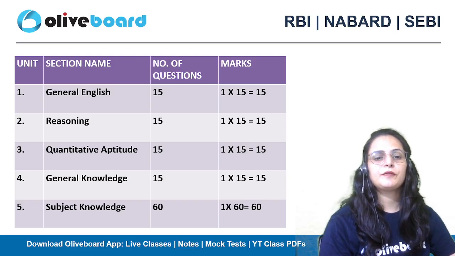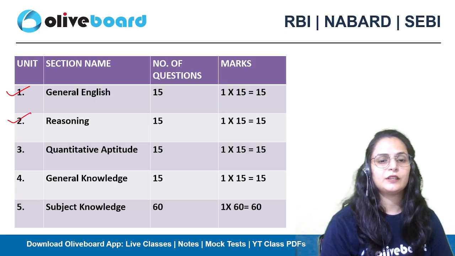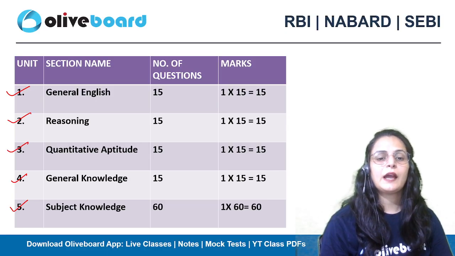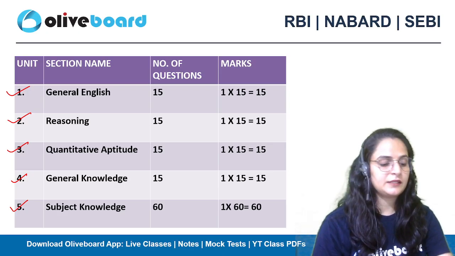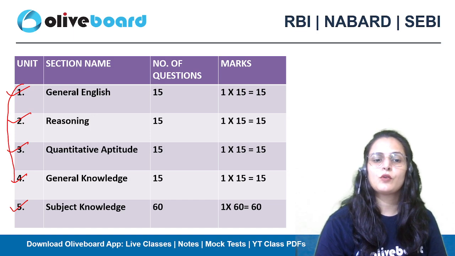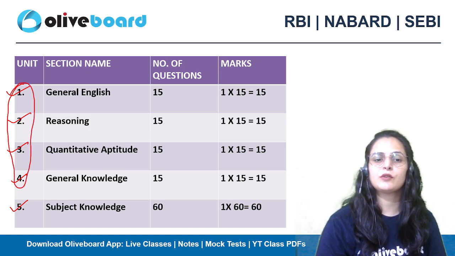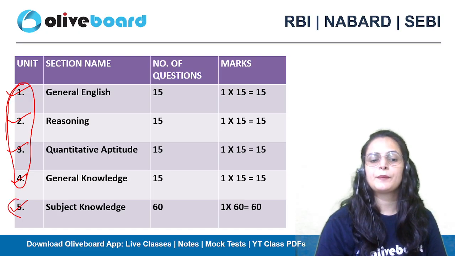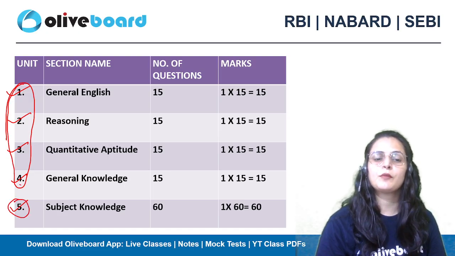So there will be 5 sections, as I had already told you. Okay. And it's not the same, सभी section का weightage same नहीं है. The sum of the weightage of these 4 subjects is equal to the weightage of the 5th subject, the subject knowledge.